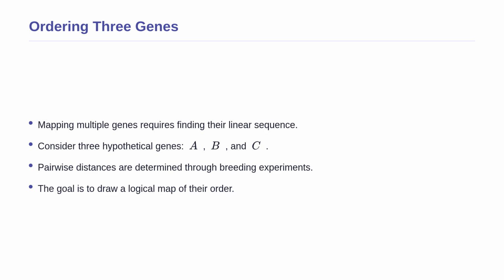Our goal now is to use those individual distances to draw a logical map that places these 3 genes in the correct linear sequence. This is a crucial step in building comprehensive maps of entire chromosomes.